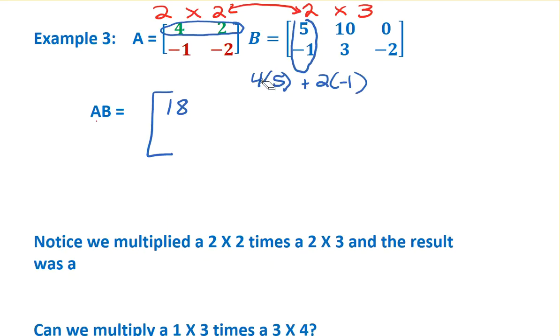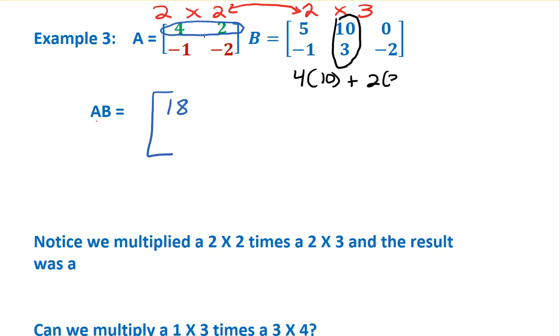So again, I'll repeat a little bit more at first, but once you get the hang of this, you'll do it very quickly. So now, like distributive property, we have to take every row times every column. So now I'm going to take the first row and the second column, and I'm going to do the same thing. I'm going to pair up the 4 with the 10, and I'm going to pair up the 2 with the 3.